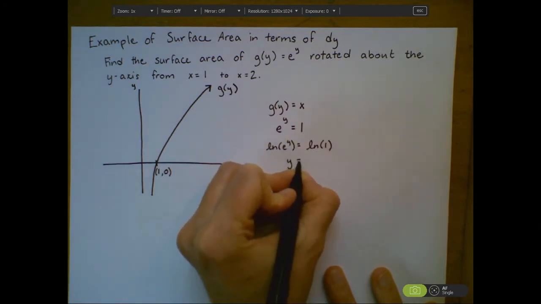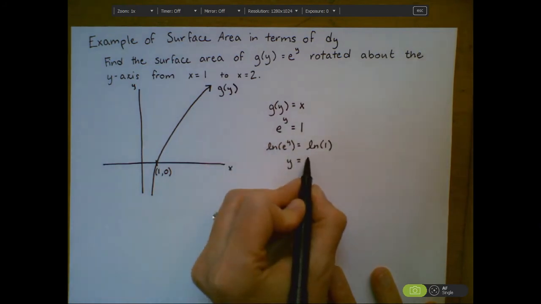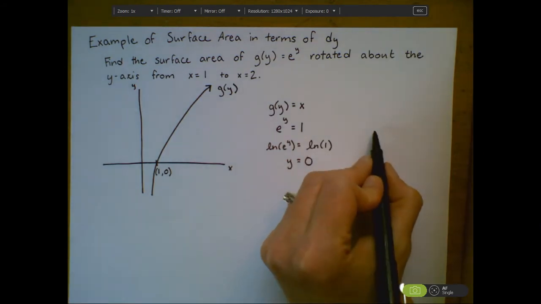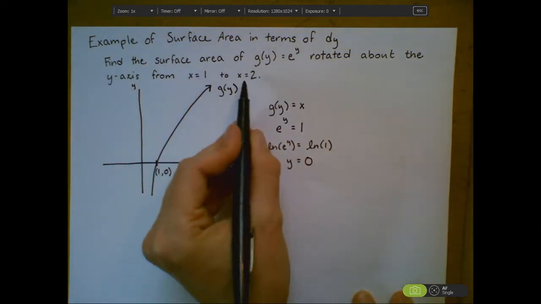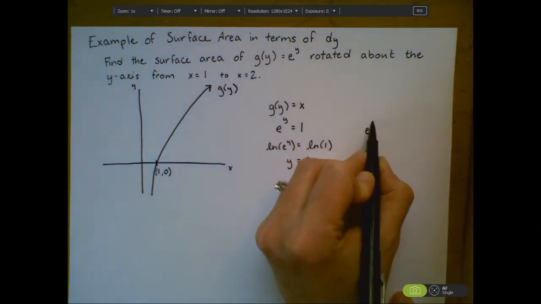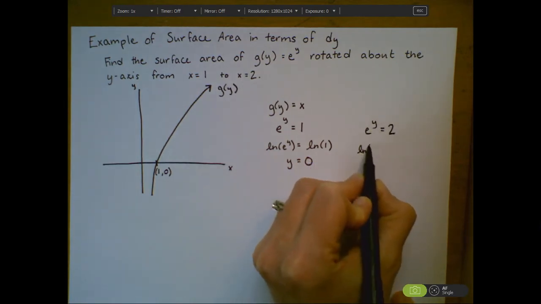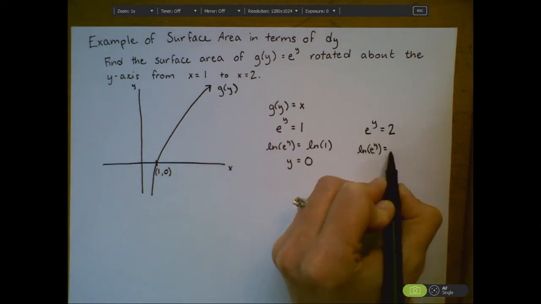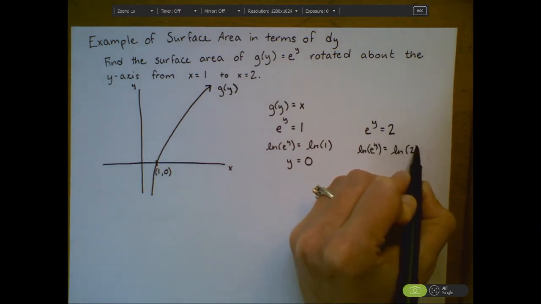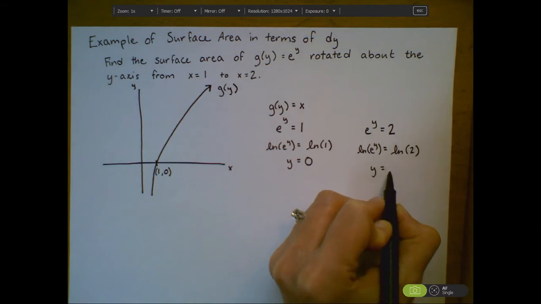So y is equal to the natural log of 1, which is 0. That's one bound, and the other bound is when x equals 2. So when e to the y is equal to 2, I'm going to again take the natural log of both sides, and we see that y is equal to the natural log of 2.